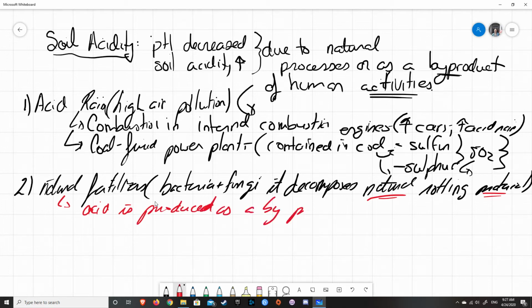So acid is produced as a byproduct of a natural process.